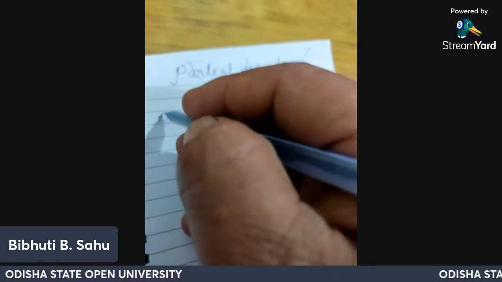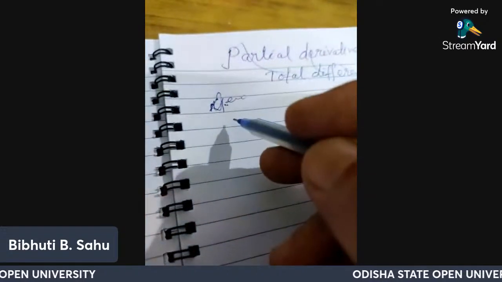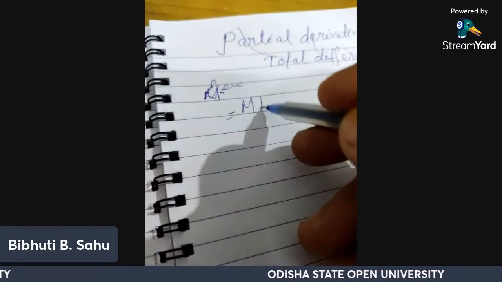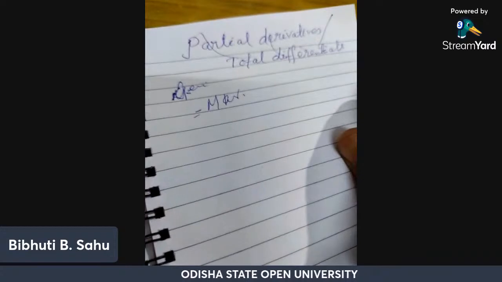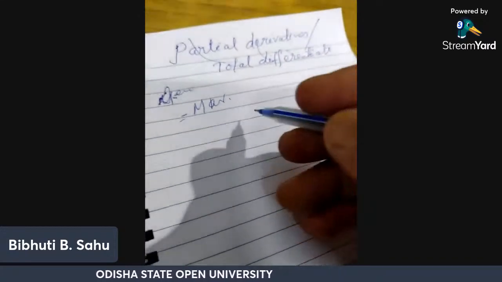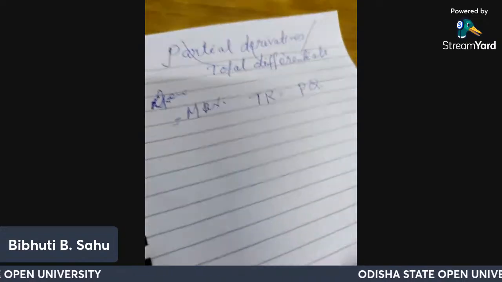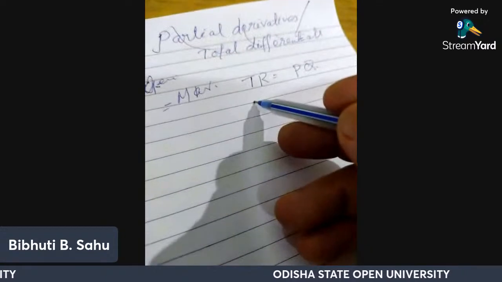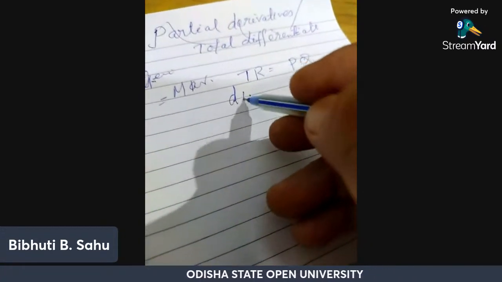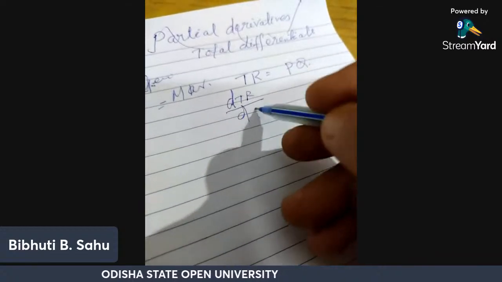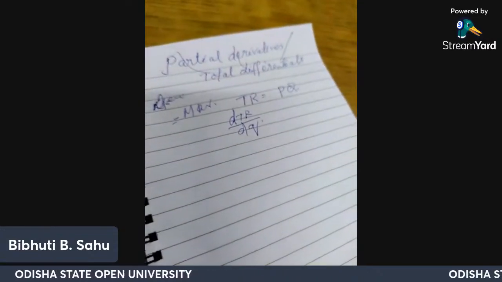By applying the derivatives, we can find out the marginal revenue. The total revenue is equal to P into Q, so marginal revenue is dTR by dQ.